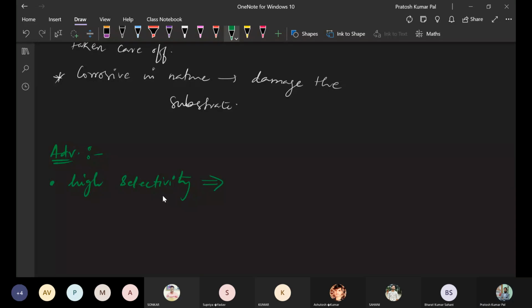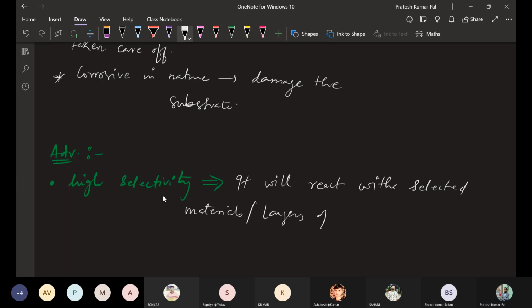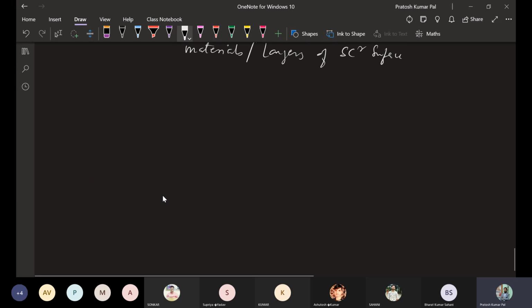That means it will react only with the selected materials or layers of the semiconductor surface. So it will be reacting with only a selected layer or surface of the semiconductor surface. Okay, so that will be highly selective in nature. So this is all about the wet type of etching.